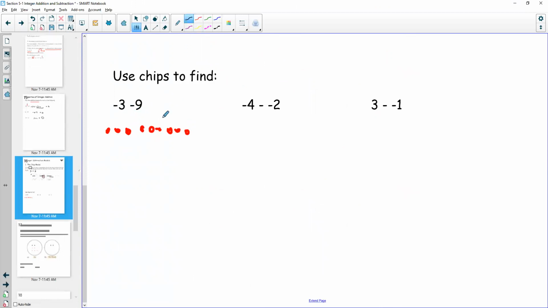That's 9. So how many did I add? 1, 2, 3, 4, 5, 6. So now I added 6 zeros, so that I can get rid of these negative 9 chips. Okay? Oh, no, wait. Negative 3, then take away 9. So I need 9 more.